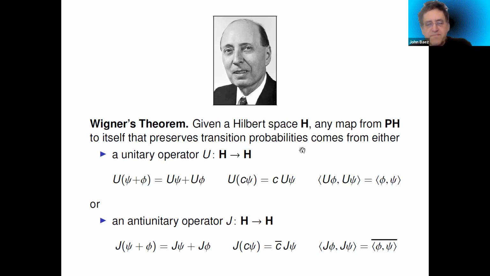The possible maps from the projective space to itself that preserve transition probabilities are very limited in scope, and then at this point it becomes fuzzy. You have to somehow convince yourself that unitaries are giving you the identity component of this group, but then there's another component, which are the anti-unitaries.